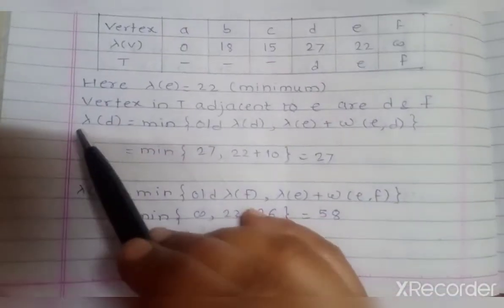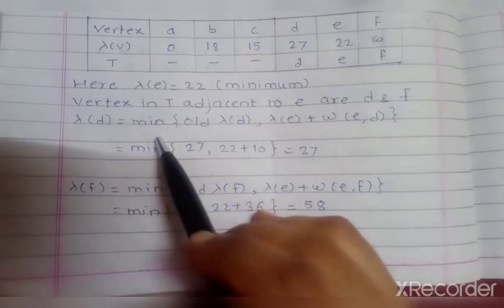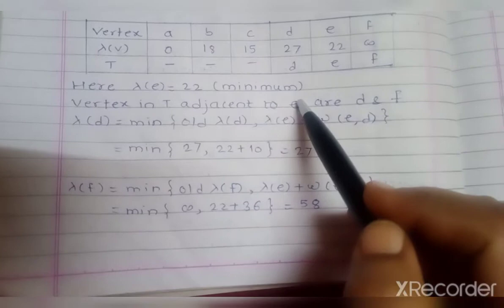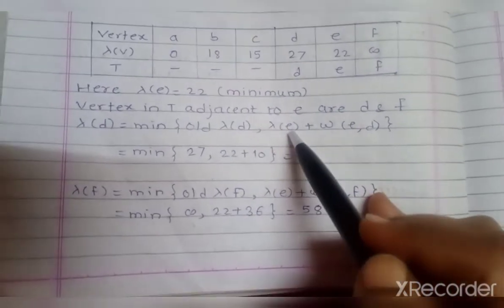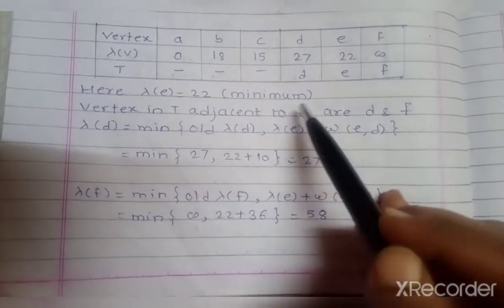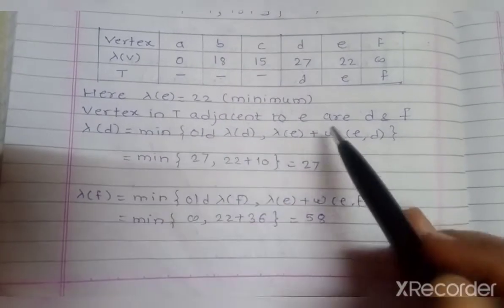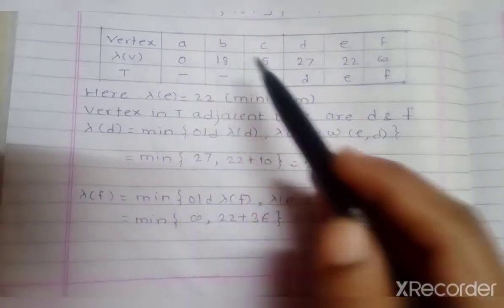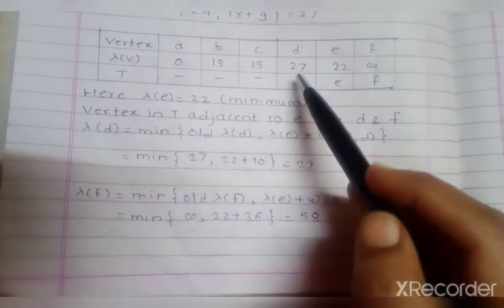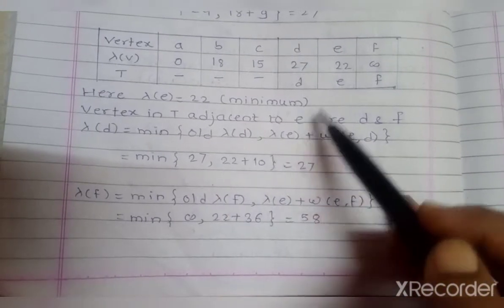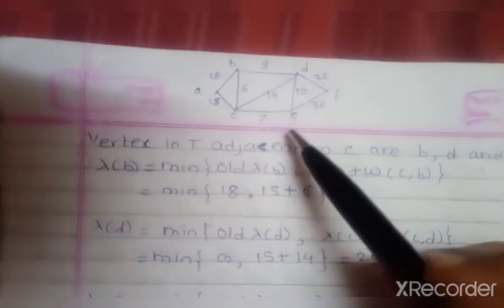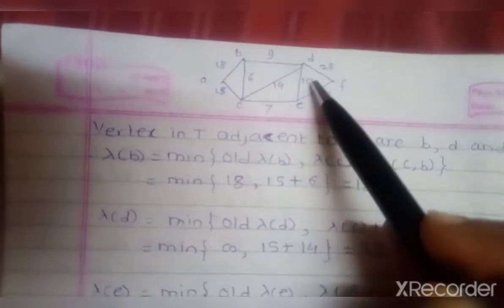First we calculate lambda of D, which is equal to the minimum of old lambda of D, comma, lambda of E plus weight of E to D. Check in this table the value of lambda of D. Lambda of D is 27, lambda of E is 22, and the weight of E to D is 10.